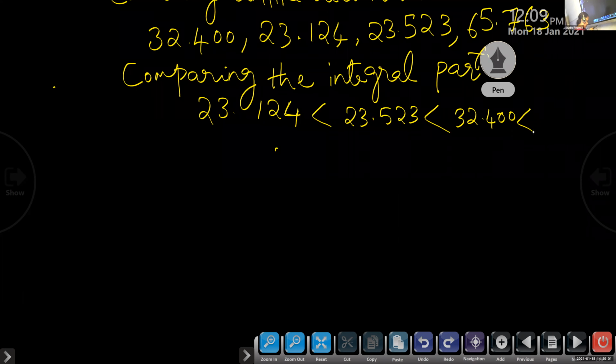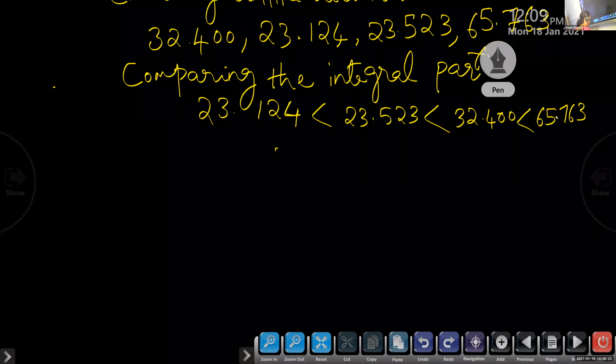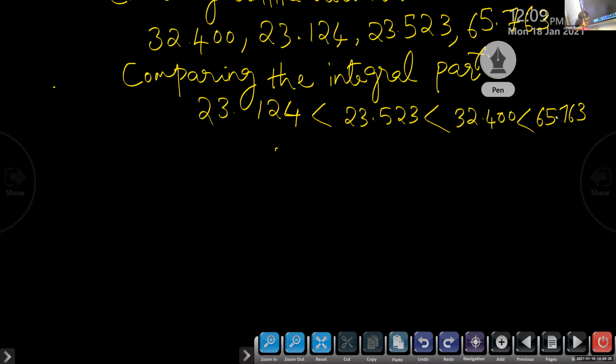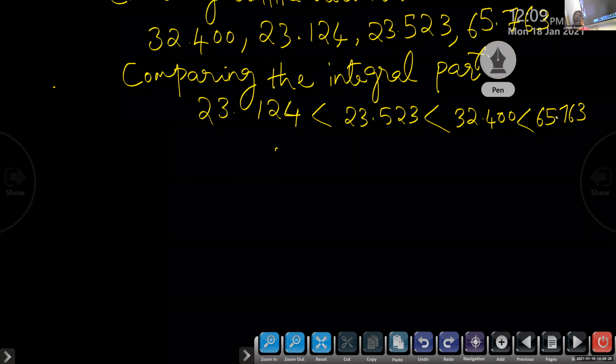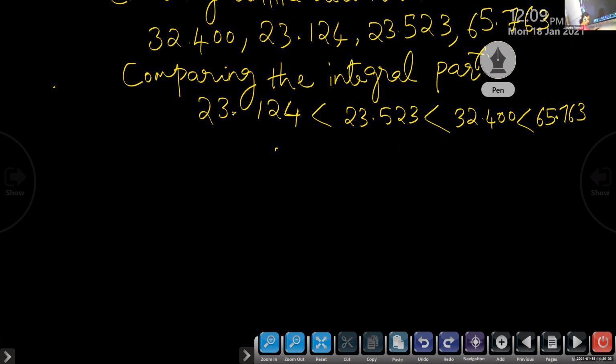Okay, next one is 65.763. So only one number we had to change, we have added 0. All others were like decimals. So here, children, we can write Kishan's arrangement.